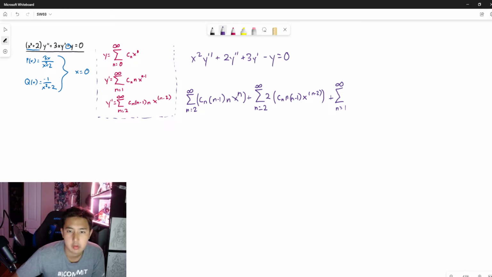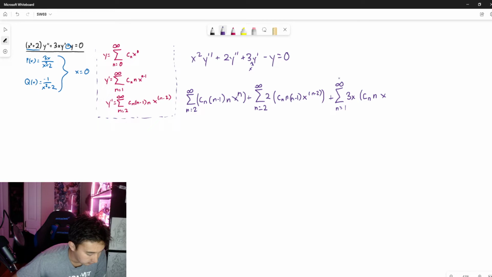Oh shoot, it should be 3xy prime. So this is going to be 3x times c n times n, and then the x cancels with the n minus 1, so we end up with x to the n.